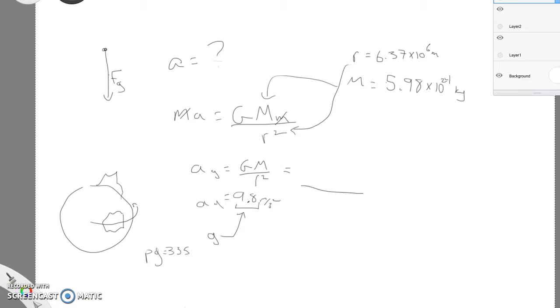Okay, and so I got about 9.8. I guess you could go to 9.83 if you want to. There are a lot of place values here, and technically, given the precision, we don't have a lot of precision on the radius, so probably we could stop at just 9.83.